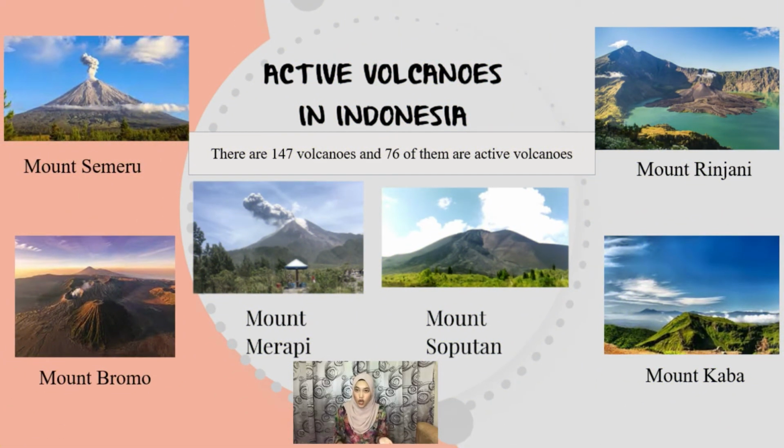In Indonesia, there are 147 volcanoes and 76 of them are active volcanoes that spread along the islands of Java, Lesser Sunda, Sumatra and Celebes. Volcanoes in Indonesia are known as fire mountains. There are 20 most active volcanoes and among them are Merapi, Kaba, Kerinci and Bromo.